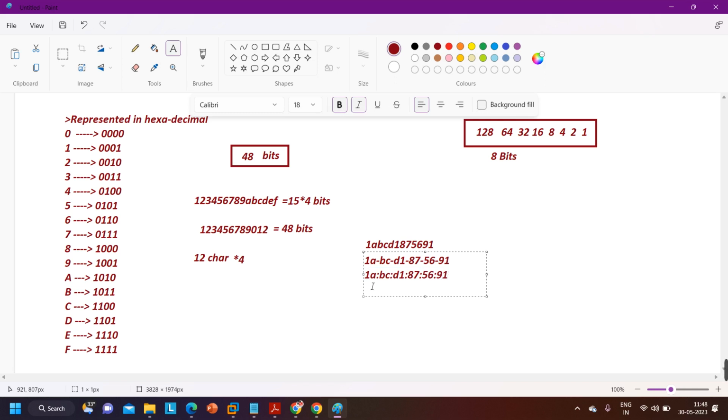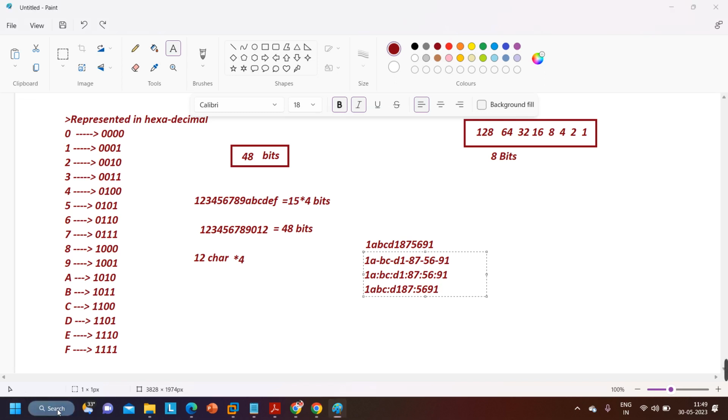Okay, someone, let's say Cisco want to represent this address like 1A BC colon D187 colon 5691. Okay, do you think that there is any difference in these three MAC addresses? No, guys, these all MAC addresses are same, just differences of representation, and different vendor company have their own representation of MAC address.